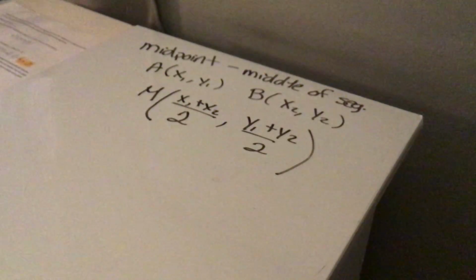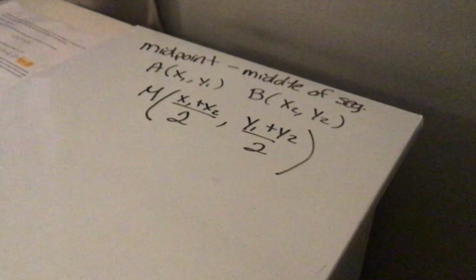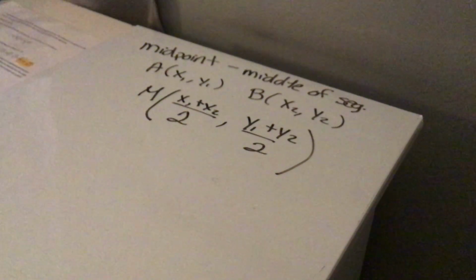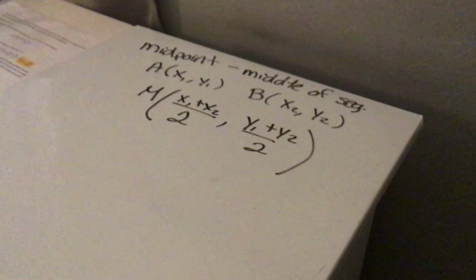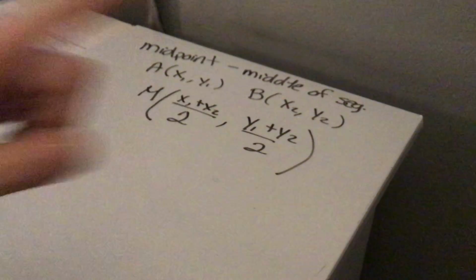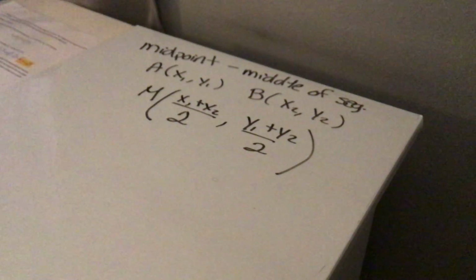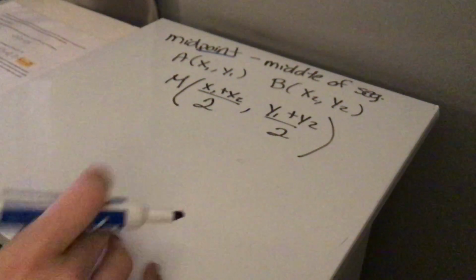So the midpoint of a segment is the average of their x-coordinates and the average of the y. So x1 plus x2 divided by 2, y1 plus y2 divided by 2. And it is a point, so it needs an x and a y coordinate. It's not just a single value. Make sure you have your x and y.